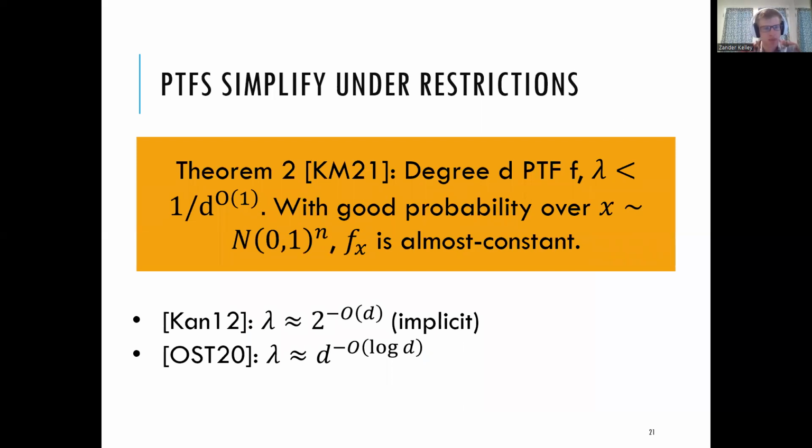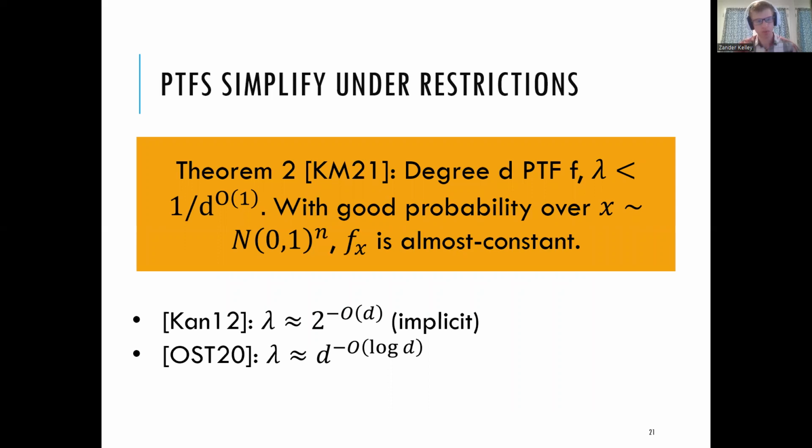Okay, so finally, what we arrive at here is an informal version of the kind of simplification we're hoping to get by applying a Gaussian random restriction. So yeah, what are we saying? That we have our degree d PTF, and you need to set lambda to be smaller than polynomial in the degree.